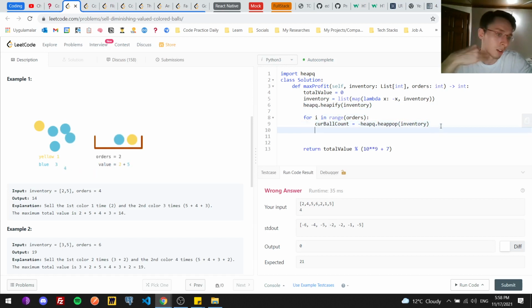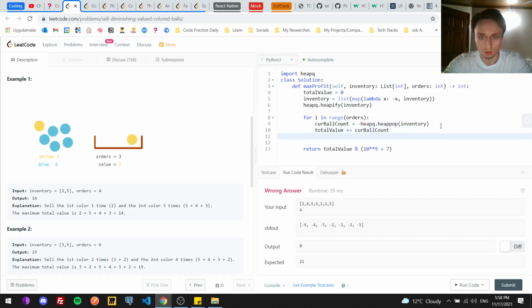I put -1 there, and now I want to add the current ball count to the total value, and also push this back: heapq.heappush to the inventory the minus current ball count minus 1.